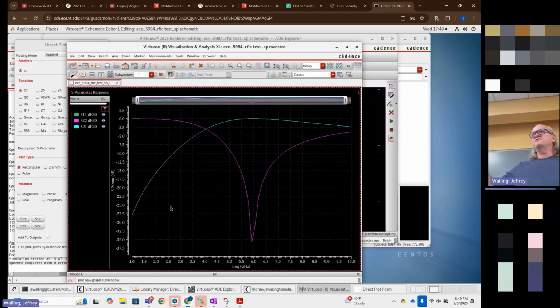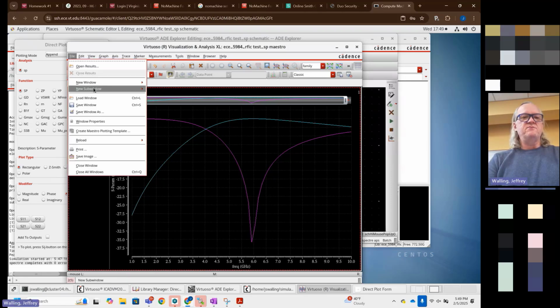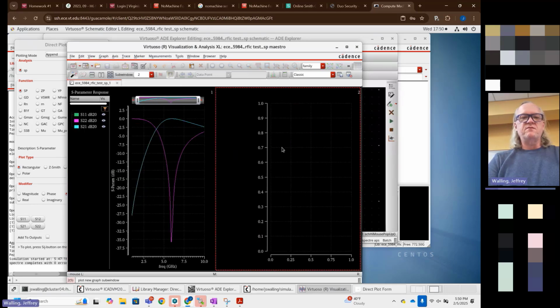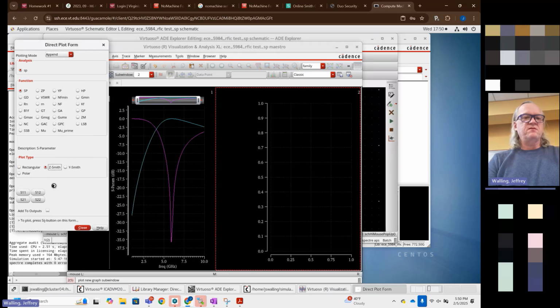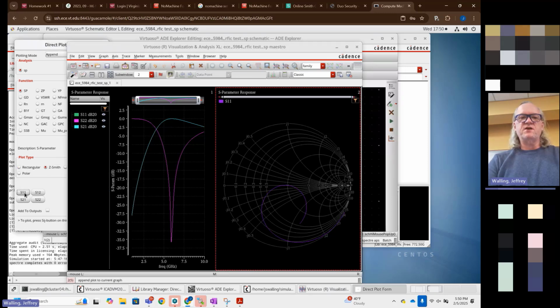If we look at a Smith chart, we can get some clues as to why we're off and what we can add in order to get the match to be where it needs to be. So we can add a new sub-window. I'm just going to add a rectangular window. It doesn't matter. When I put the Smith chart, it will switch it automatically. So we can look at S22, S11.